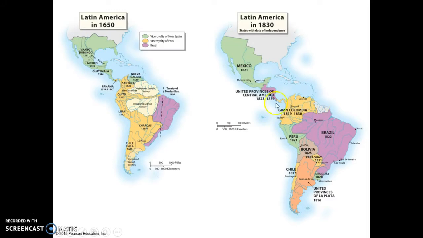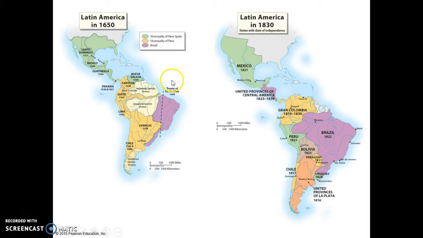A little of the history here. 1650, so soon after Columbus arrived, we see that Latin America was divided into viceroyalties. So in the northern part, New Spain, the southern part, the viceroyalty of Peru, some unexplored territory, and the Treaty of Tordesillas of 1494, in which the Pope said, well, we're going to draw a line which lies at about 46 degrees west of Greenwich.